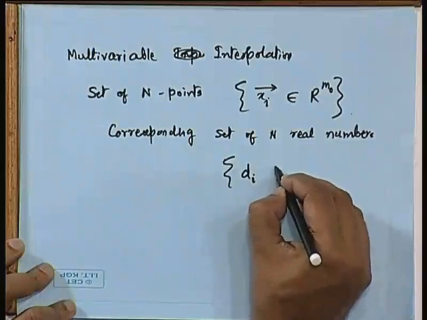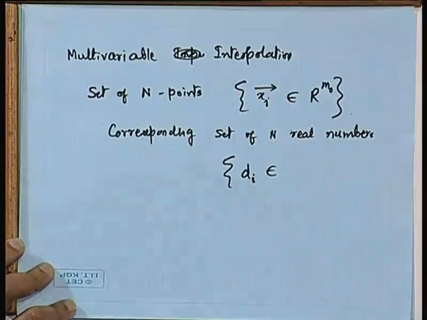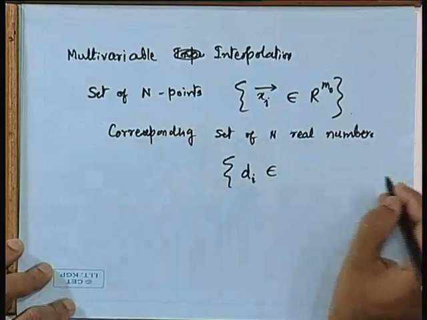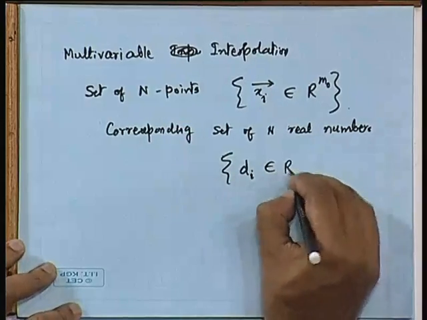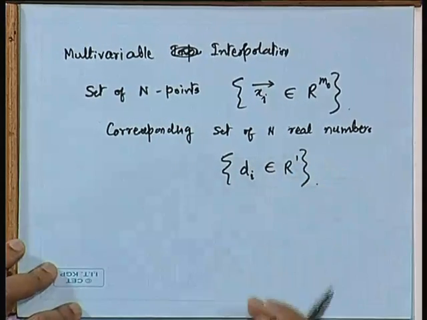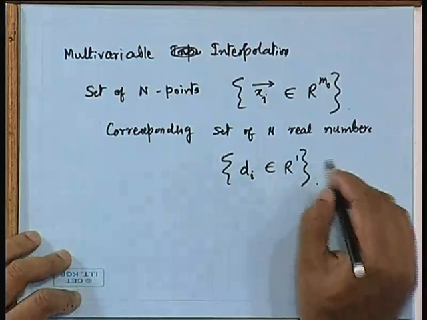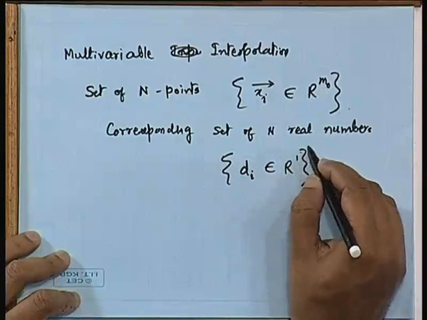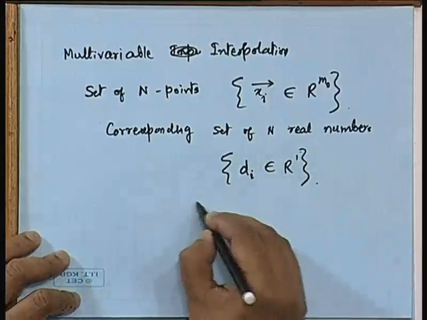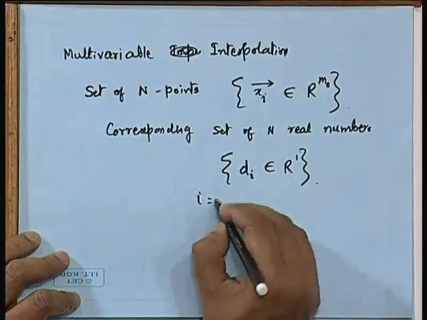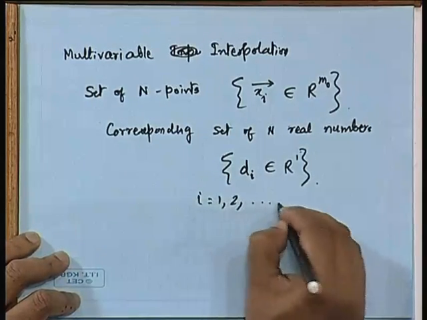So, we are feeding the xi vector, and correspondingly the output is di, which is a real number. In fact, because we are taking only a single neuron as the output, the output is in 1 dimensional space. So, it is R1. So, di belongs to the R1 space, and of course, for both of these, i could be 1, 2, etc. up to n.